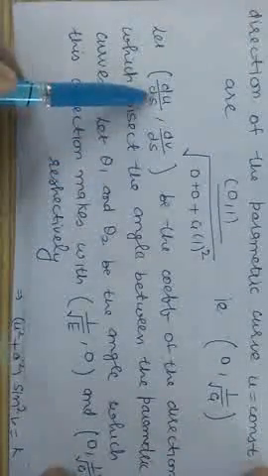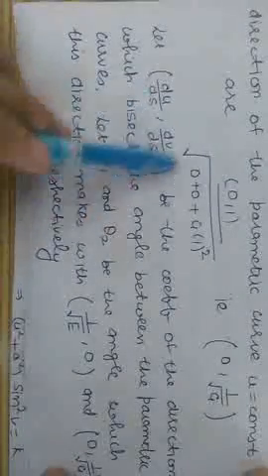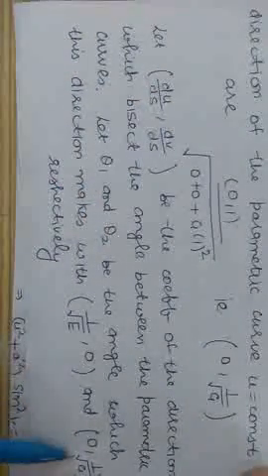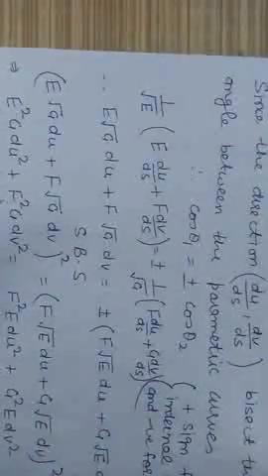Let theta 1 be the angle which this direction makes with this direction, and theta 2 the angle which this direction makes with the direction 0, 1 by under root G. Now we can use the formulas to find cos theta 1 and cos theta 2.